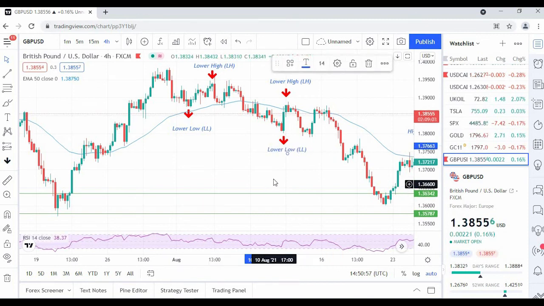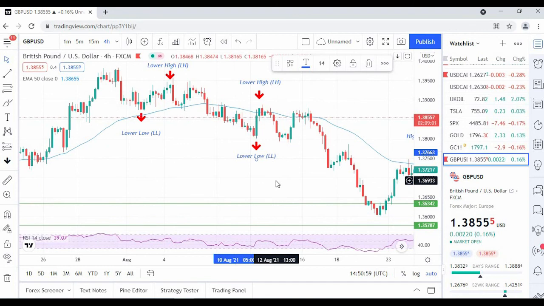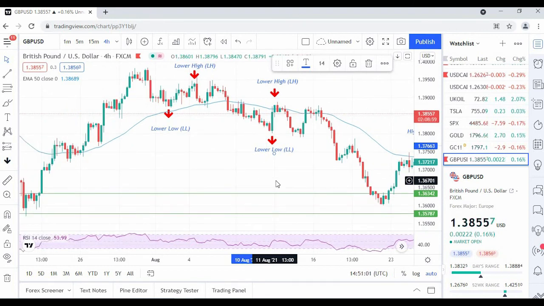So there you go. Again, right, a trend is regarded as the market moving in any one direction, creating a series of higher highs and higher lows, right, or a series of lower highs and lower lows, right?